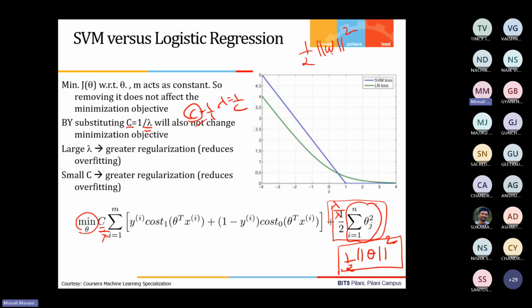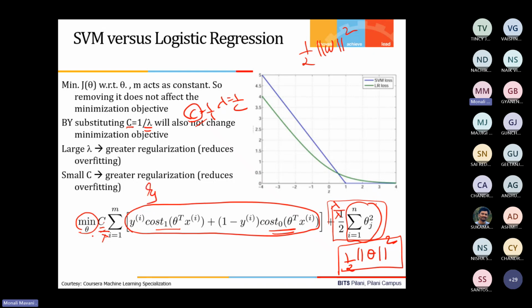W, theta, whatever we can write. So what is a regularization term in logistic regression? That is actually the objective function of SVM. And the first term, what is this first term? After we have simplified y into cost of this, 1 minus y into cost of this, in case of SVM, this cost is nothing but the slack variable. So this is a hinge loss.